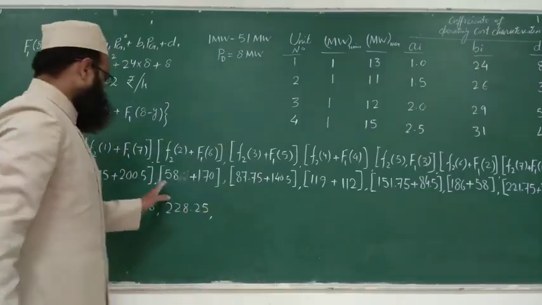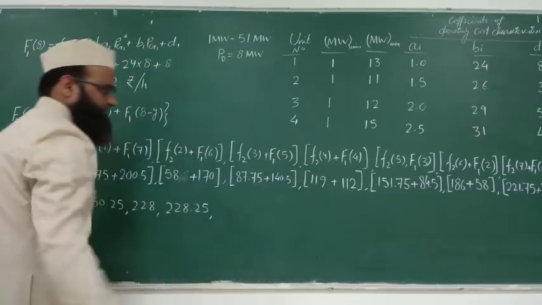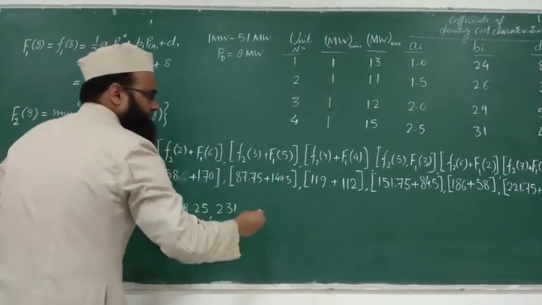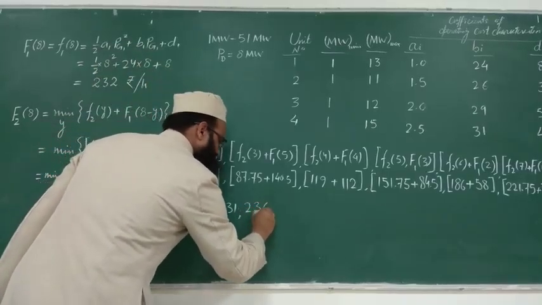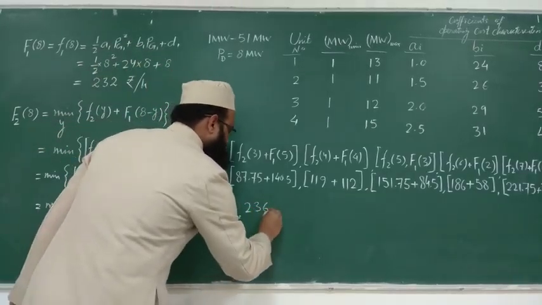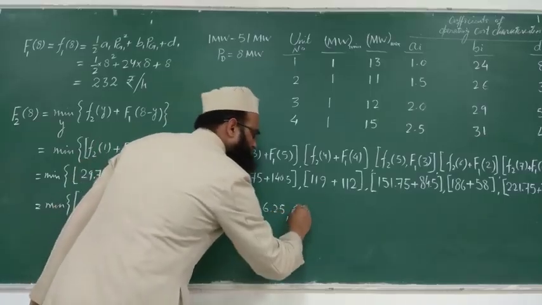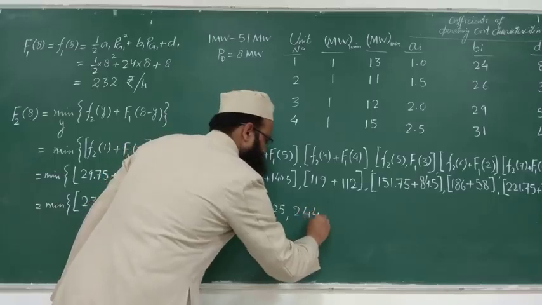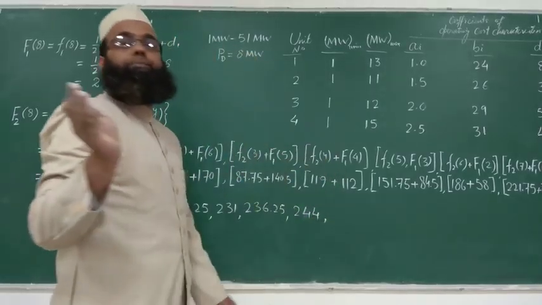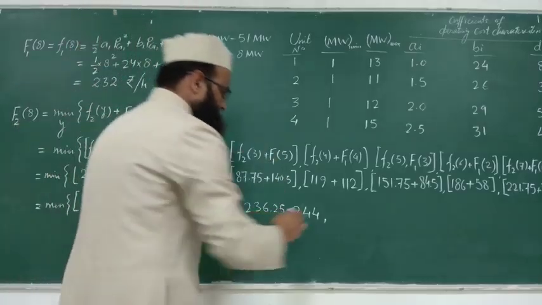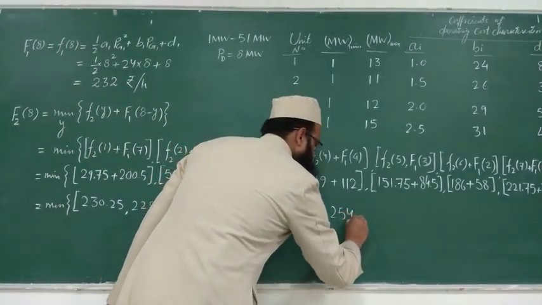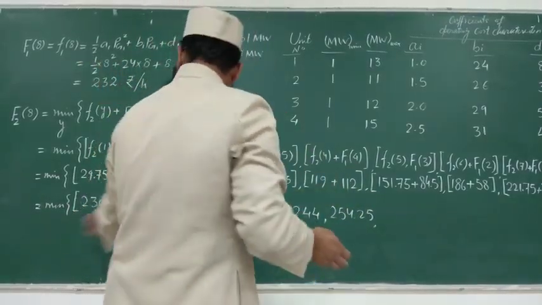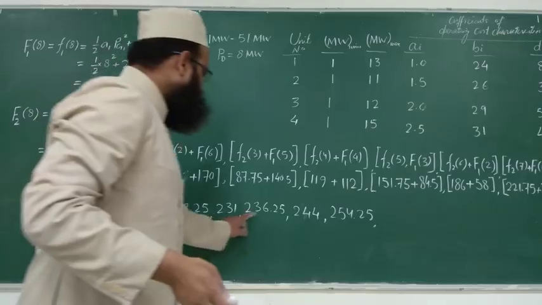So we have this. Next, just tell me. 231. Next. 236.25. 224.44. Speak louder. 254.25, here, right? 254.25. Okay, all covered: 1, 2, 3, 4, 5, 6, 7.